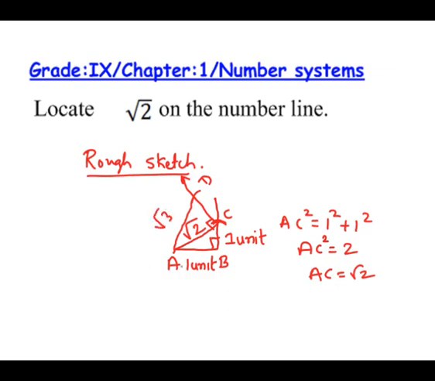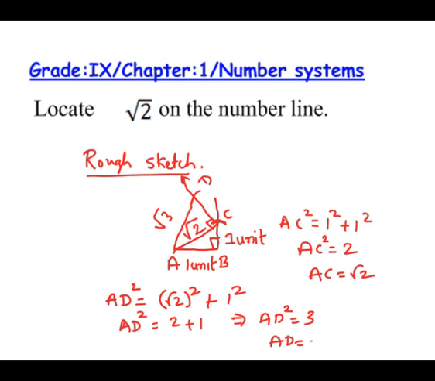Let's check. ACD is a right angle triangle. What is the hypotenuse? AD is the hypotenuse. So AD square equals AC square plus CD square. AC is root 2, which is the base because we have taken AC to construct triangle ACD, and CD is the height. So AD square equals root 2 square plus 1 square, which is 2 plus 1, so AD square is 3.